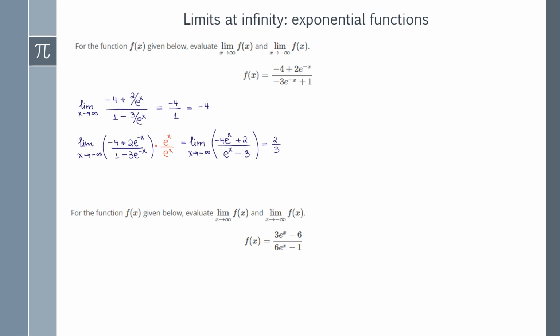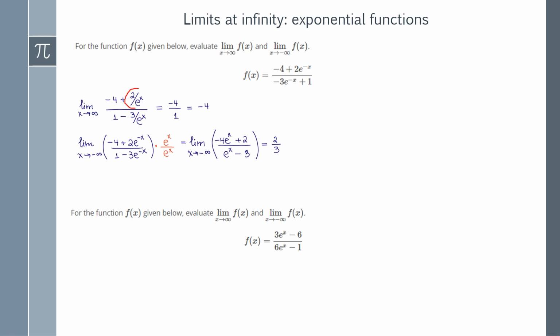First, I'm going to compute the limit as x goes to positive infinity. Notice what I'm doing here. I rewrote my numerator as negative 4 plus 2 over e to the x, and the denominator is 1 minus 3 over e to the x. I'm doing that because now it's easier for me to see what happens to this function as x goes to infinity.